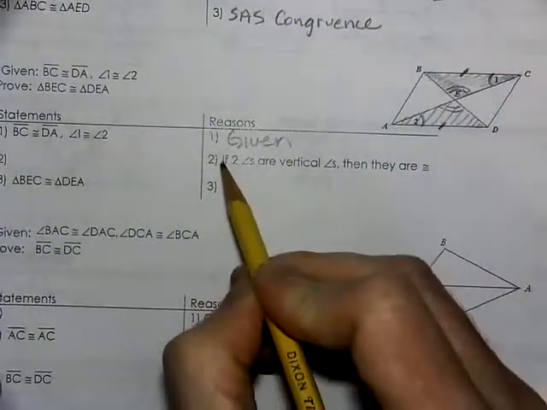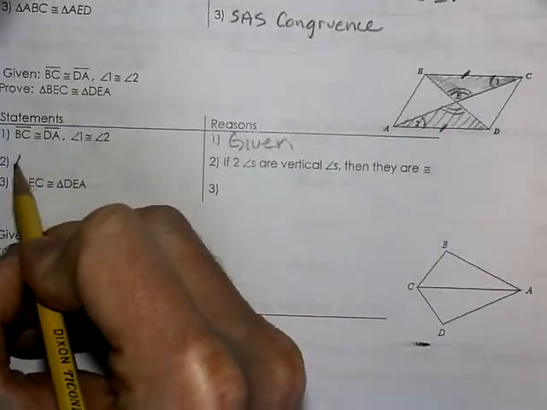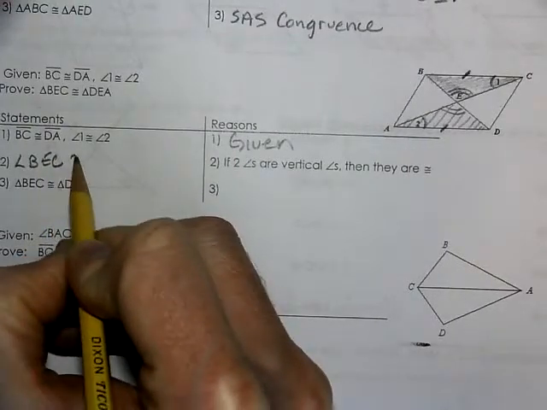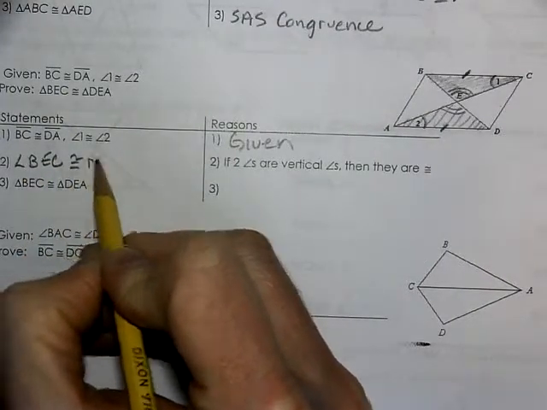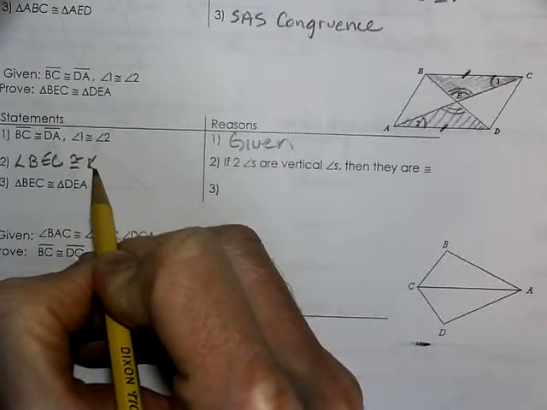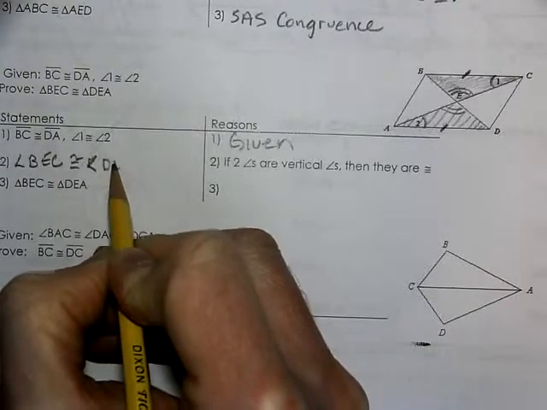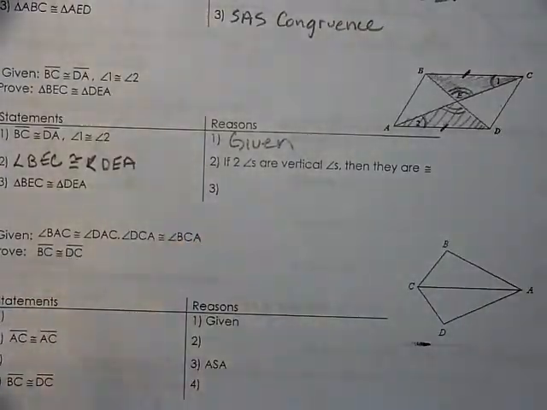So we have our given. It talks about vertical angles like we discussed. You need to use 3 letters to name vertical angles. So angle BEC and angle DEA. Those 2 angles are vertical.